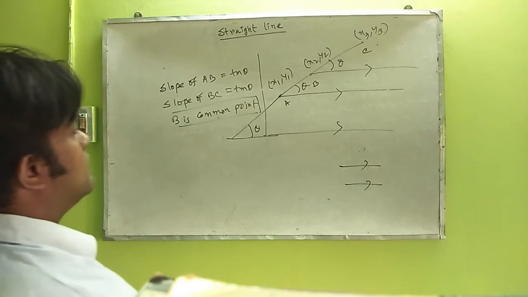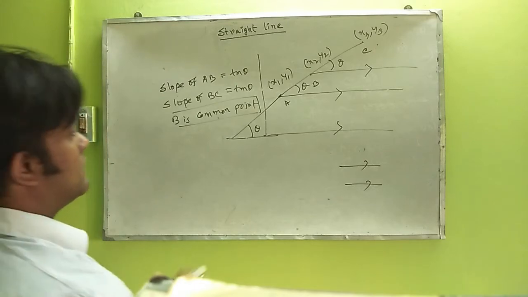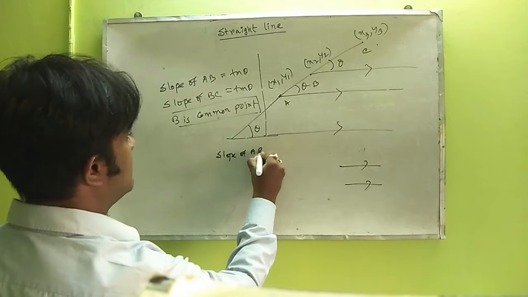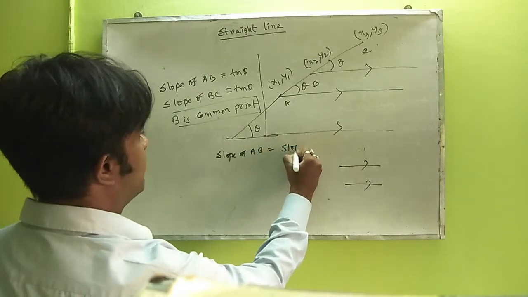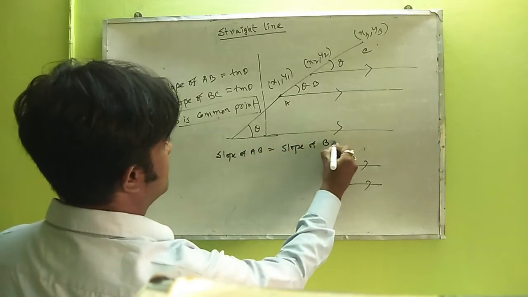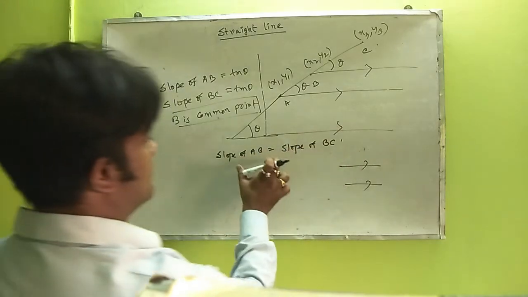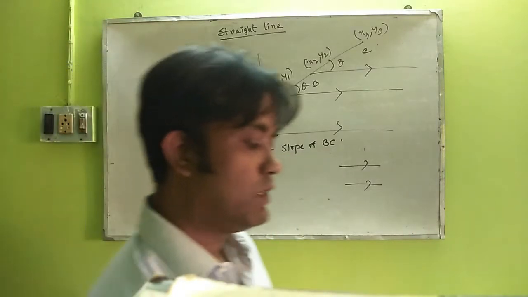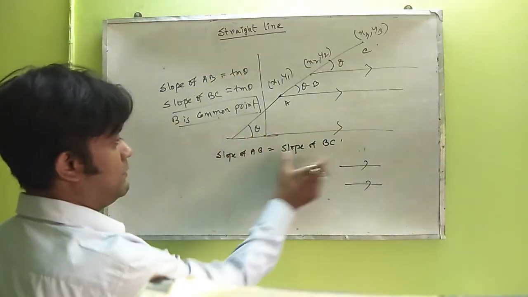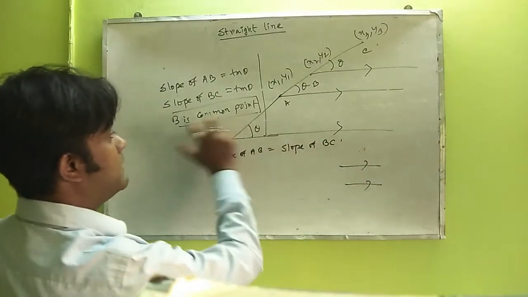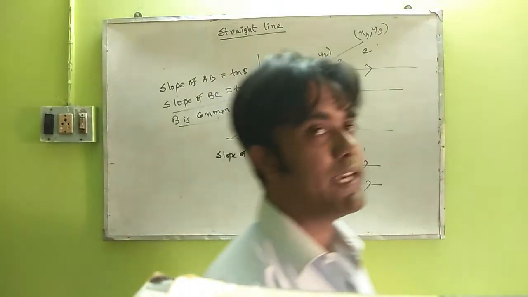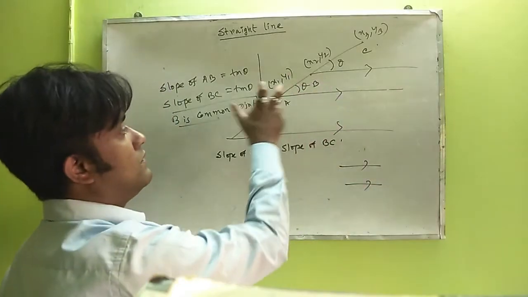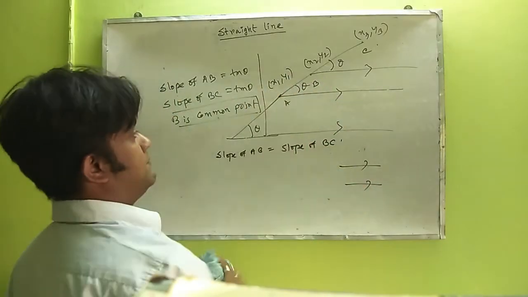So to prove 3 points are collinear, we can equate the slope of AB and slope of BC, and we must mention that point B is common to AB and BC. Okay, now we apply this idea.